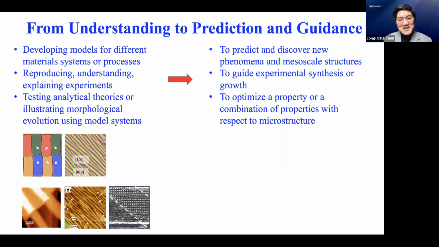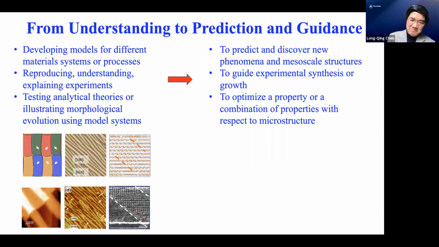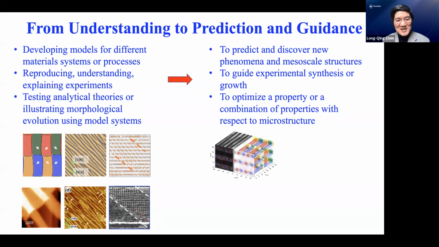I'm not going to go into the details here, just say we can also reproduce very complicated polarization patterns and understand why they form. But it's not like we do the simulations and tell the experimentalists, maybe you want to go and find this, or change your processing conditions to discover new phenomena.